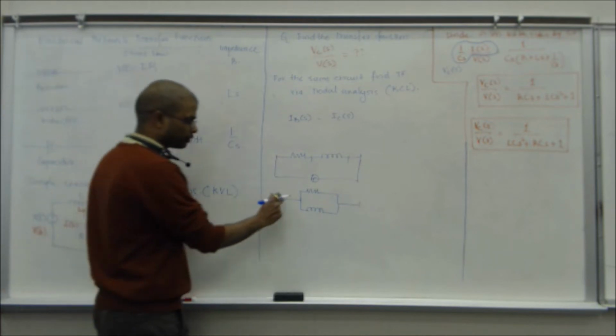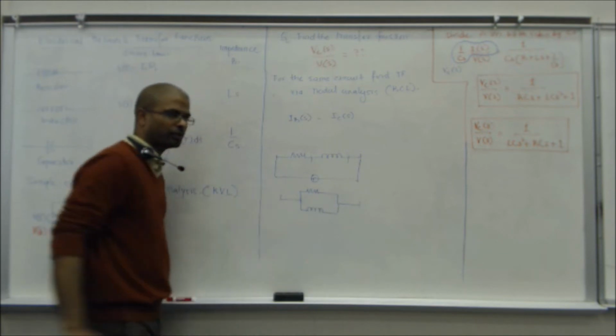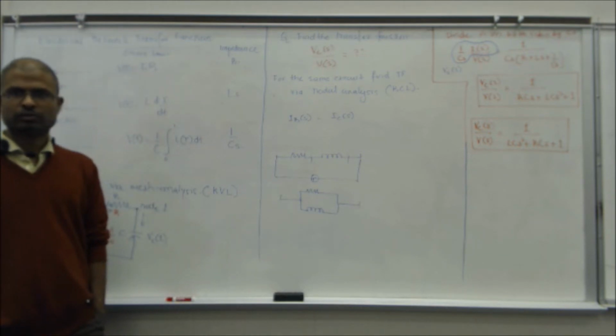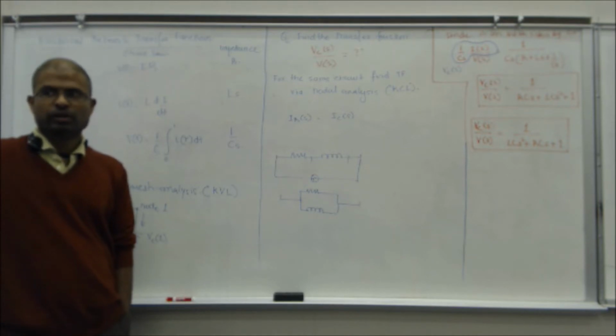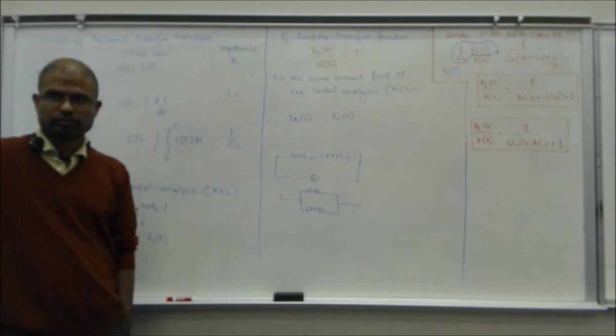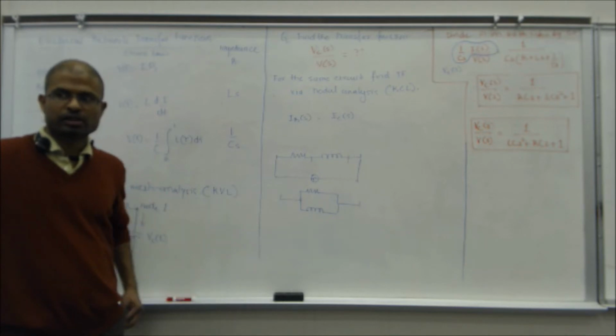So the current flowing through these is different from the current flowing through this. So in series, voltage is divided. In parallel, the voltage remains the same, but the current gets split.